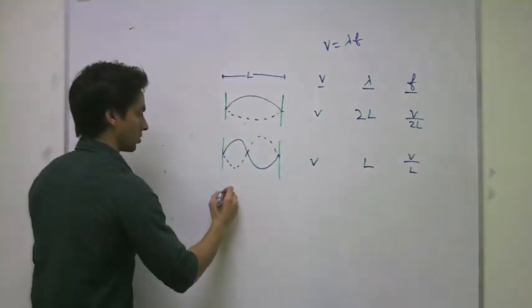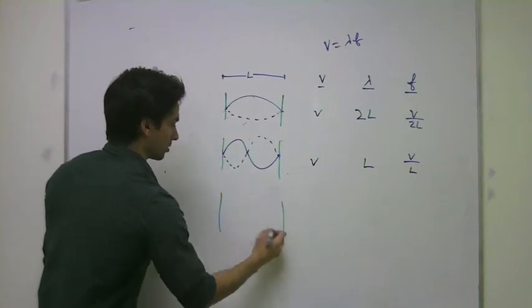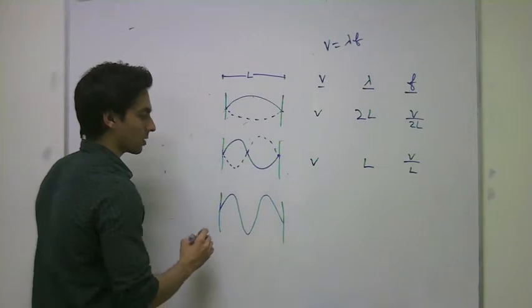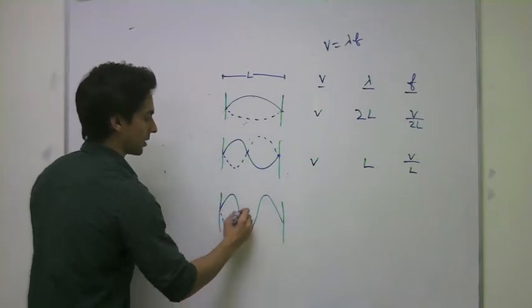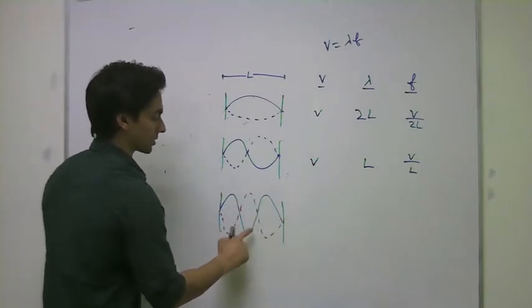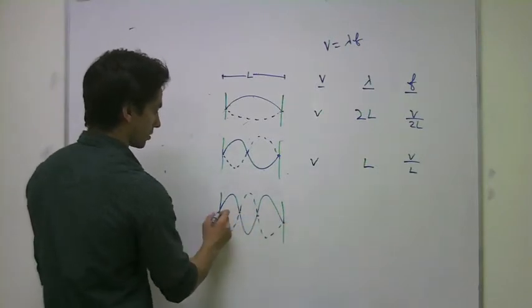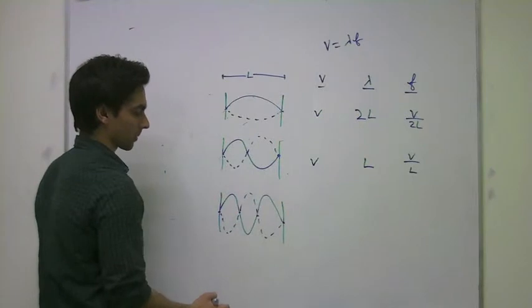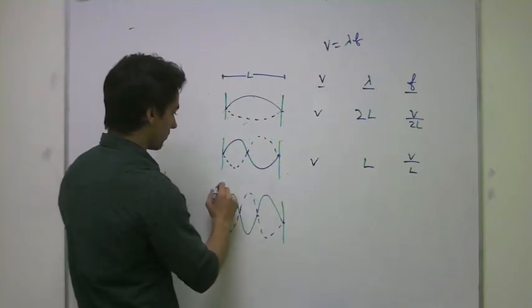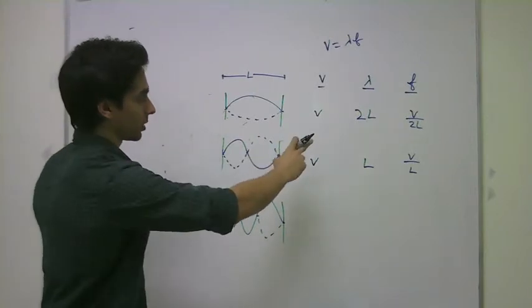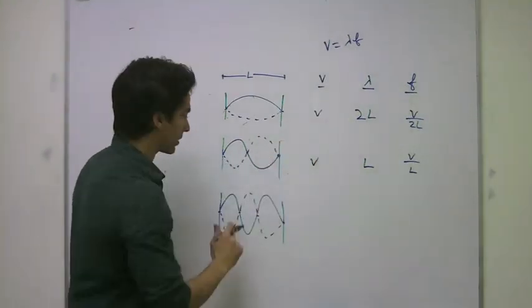Okay. So, the third mode over here would then be like that. Okay, and the other phase of oscillation will look something like that. Over here we have 4 nodes, okay, and 3 antinodes. And if we look at this, how do we actually go about understanding what's the wavelength?